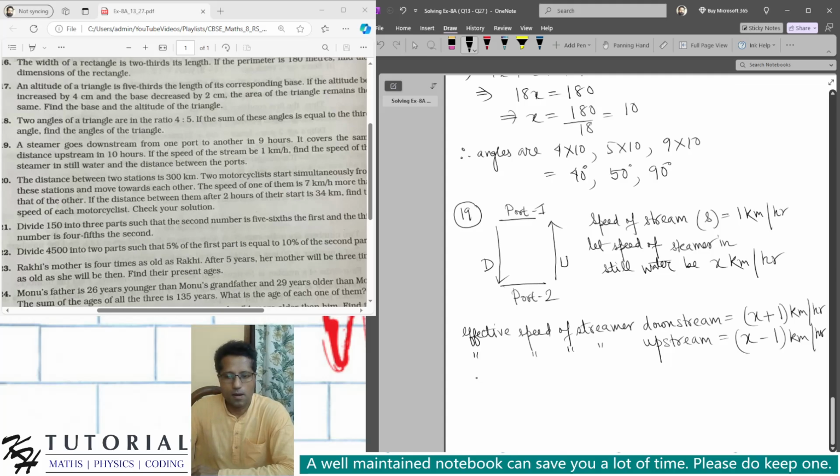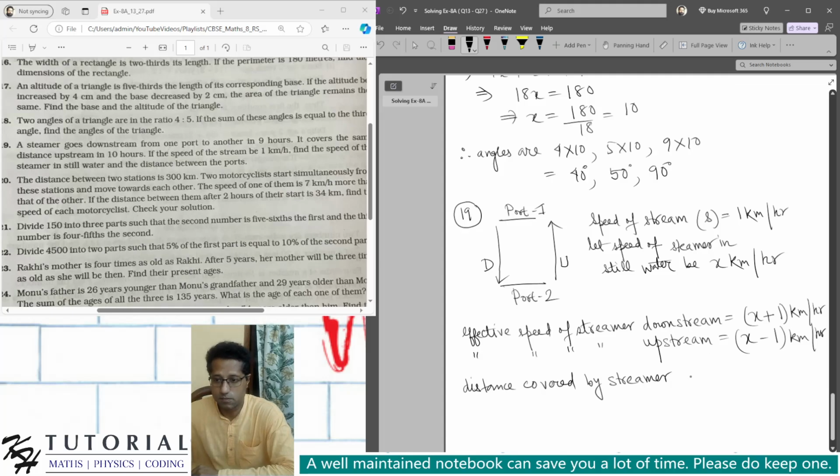So the distance covered by the steamer downstream.